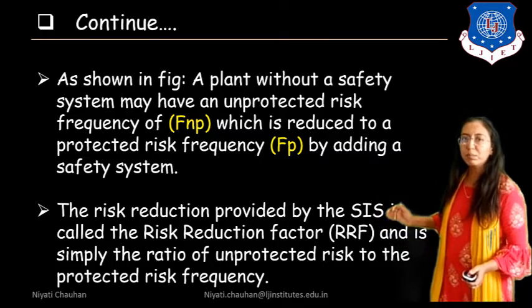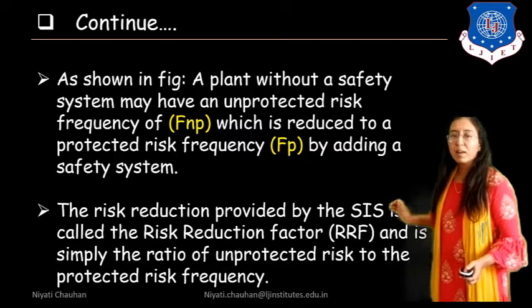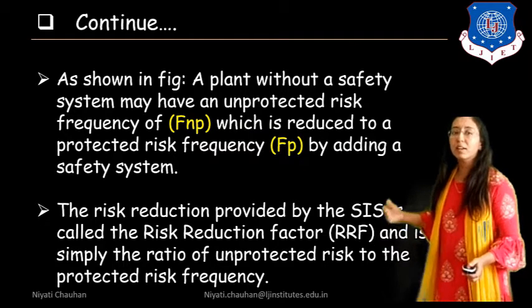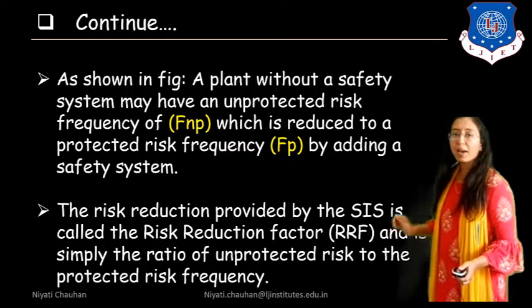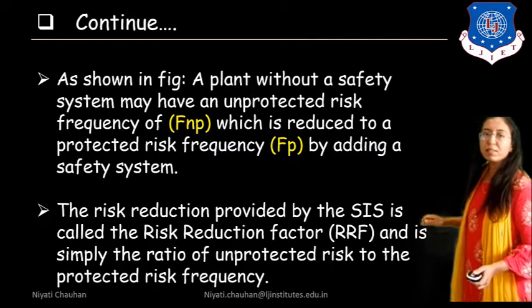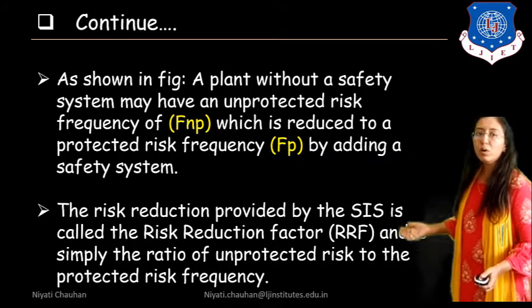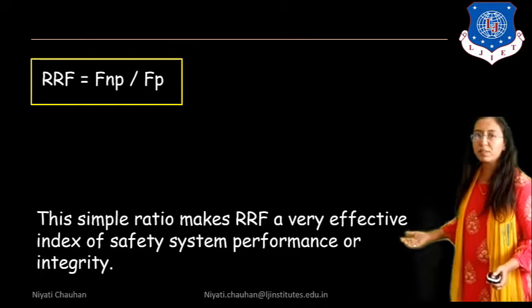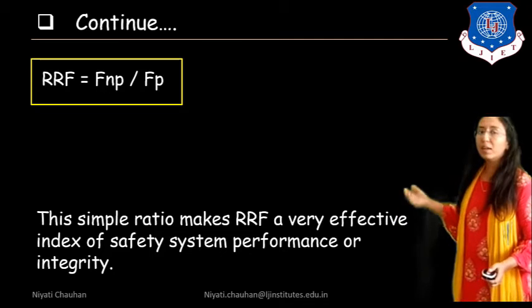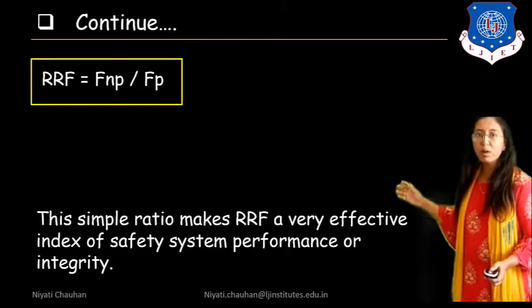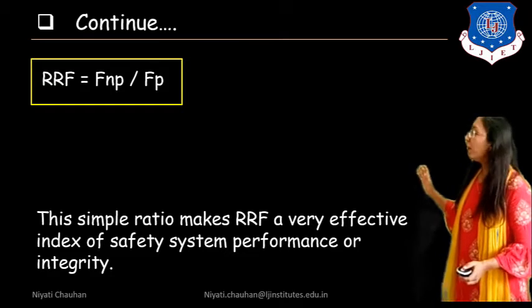The risk reduction provided by the safety instrumented system is called the risk reduction factor, RRF, and is simply the ratio of unprotected risk to the protected risk frequency. So RRF is equal to F_NP upon F_P.